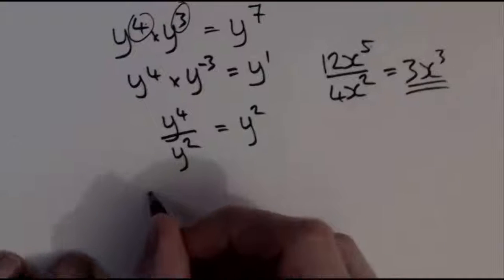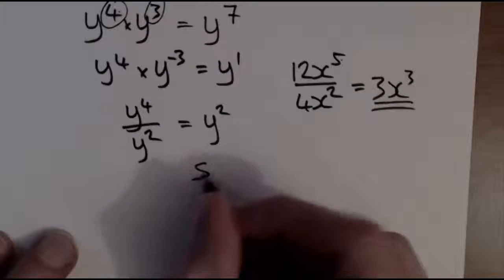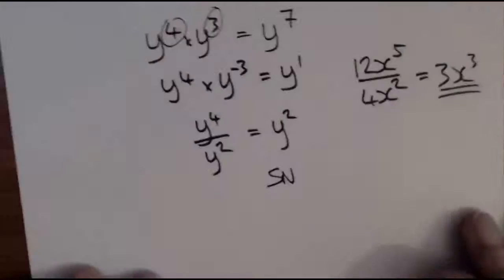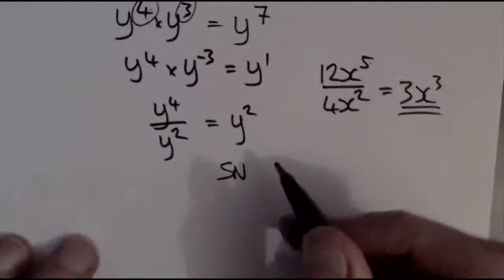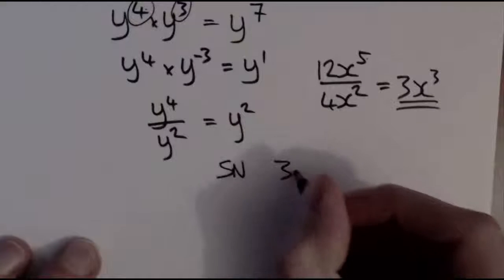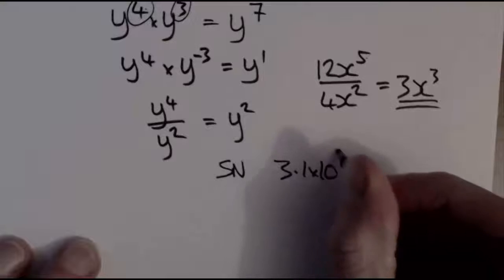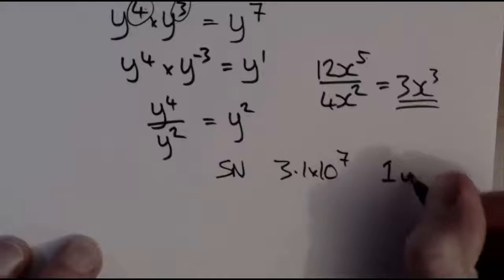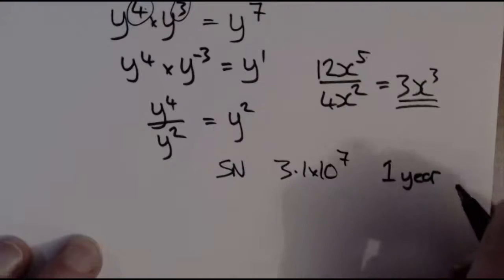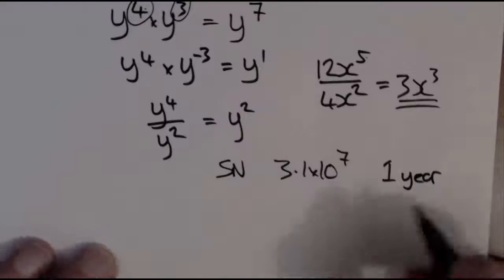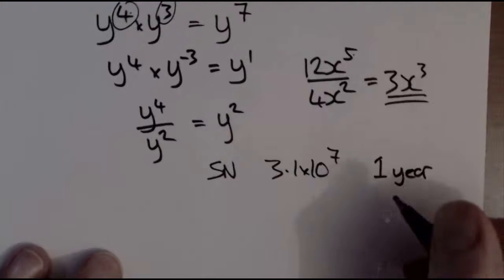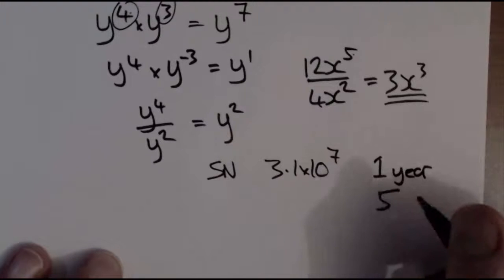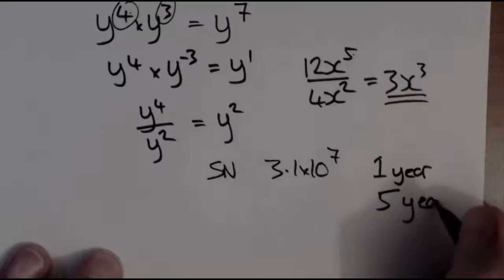Next one, there was a wee question to do with scientific notation. What we've got here is 3.1 times 10 to the power of 7, and that's just for 1 year, so I think it's to do with how many seconds are in a solar year. They're wanting you to work out, well, what about 5 years?